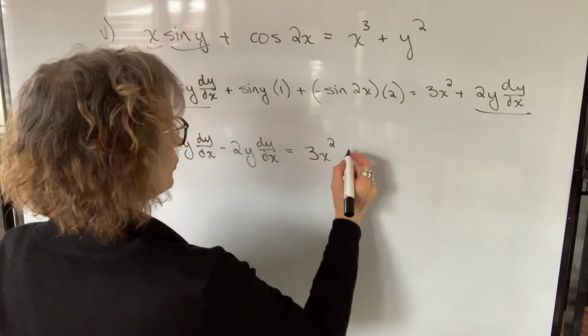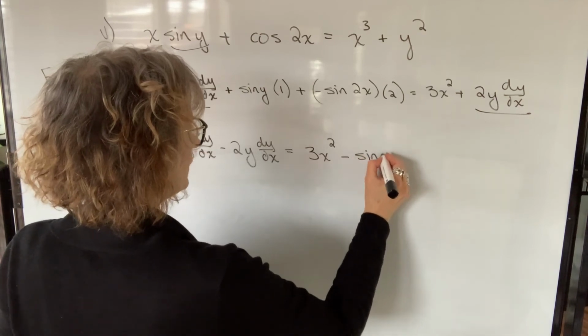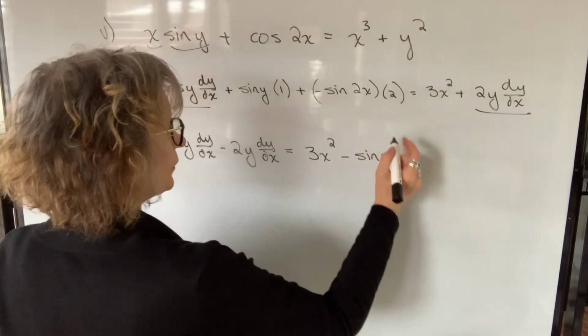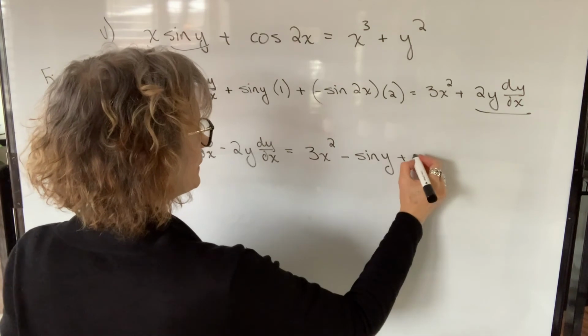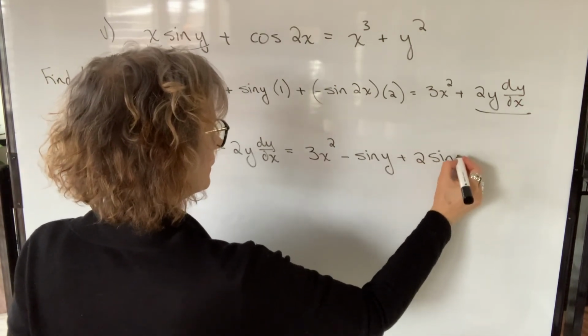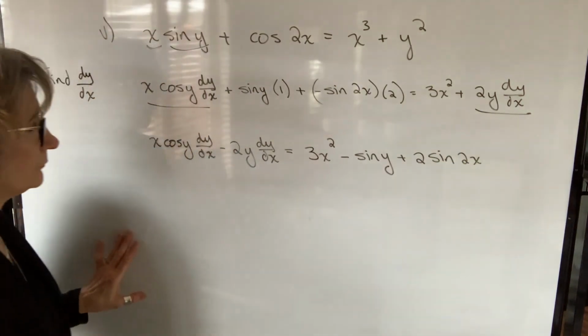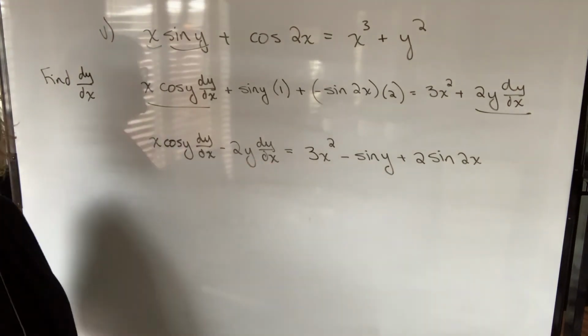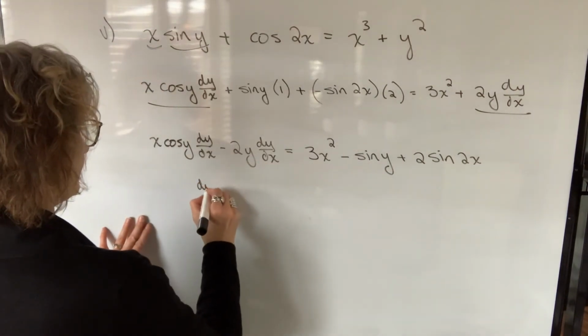When I move this term over, it becomes negative, minus sine of y. When I move this term over, it becomes positive, and I'll pull the 2 out front. I have two terms containing my dy dx, so I'll factor dy dx out of both terms.